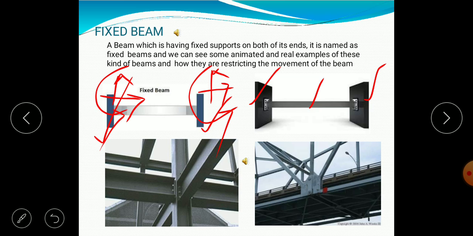So how many reactions are there for a fixed beam? 6. And how many equilibrium equations are there? 3. So it is not satisfying. 6 reactions are there, only 3 equations to solve. Extra we need 3 conditions to solve the extra 3 unknowns. That's why this beam is known as statically indeterminate. That we will discuss in the next session.